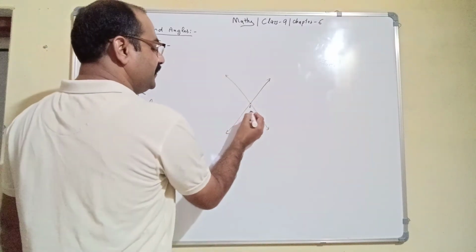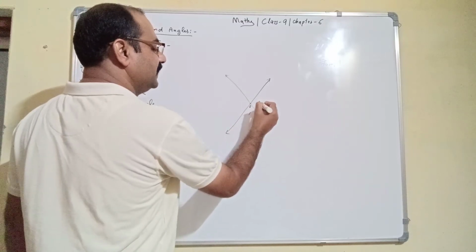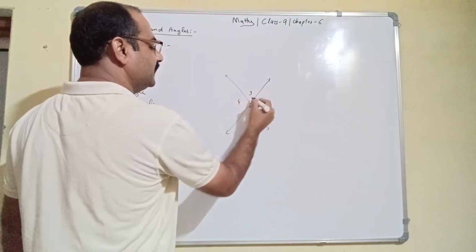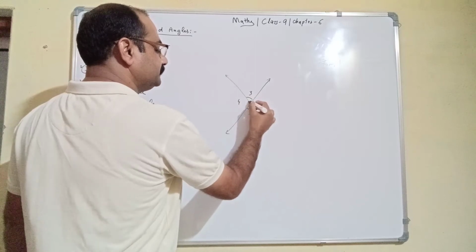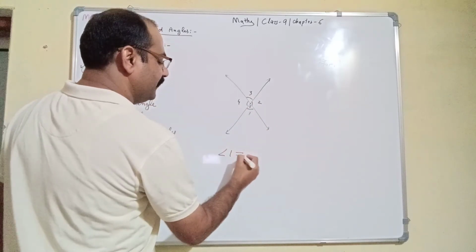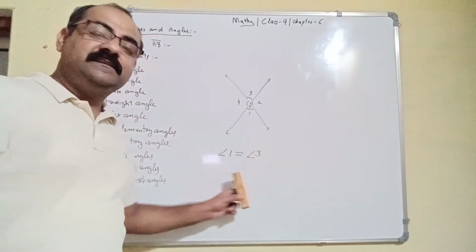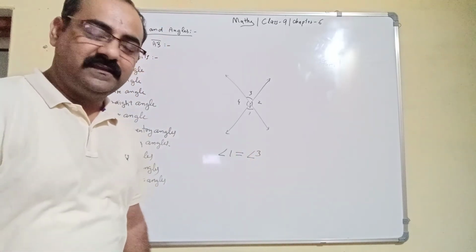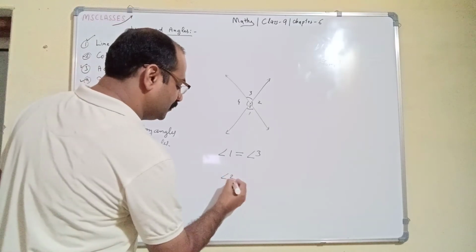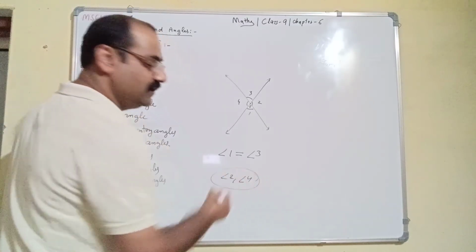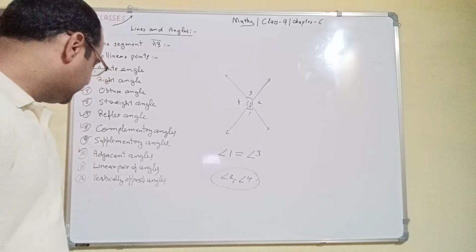Let these, we have how many angles? Angle 1, angle 2, angle 3 and angle 4. Then angle 1 is equal to angle 3 and these angles are vertically opposite. Angle 2, angle 4 are vertically opposite angles.